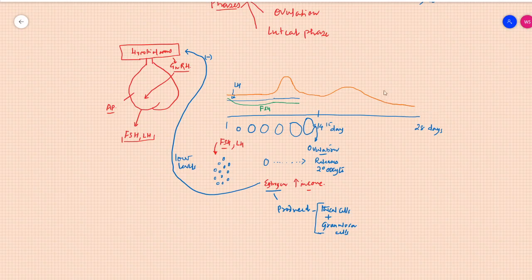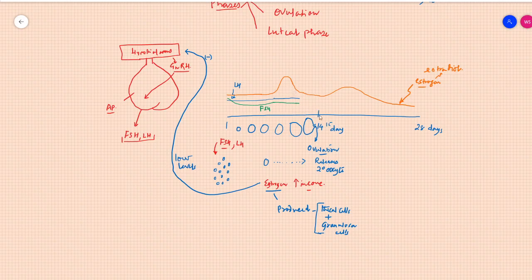So that is the rise of estrogen. Let's label here: this is estrogen, specifically estradiol.